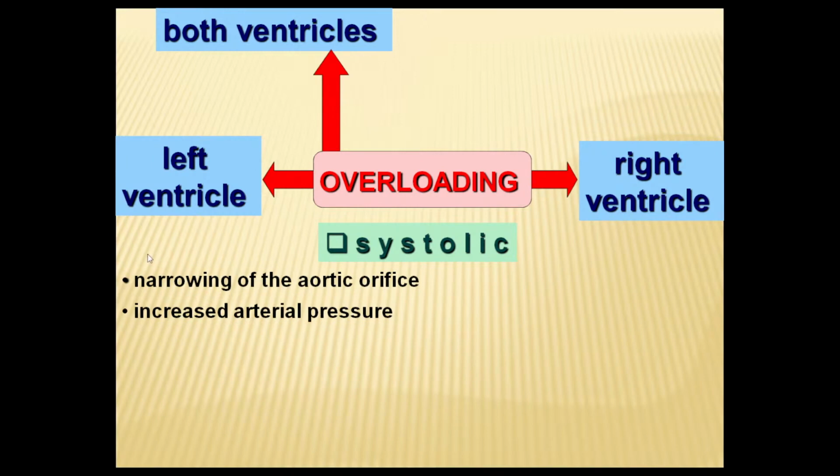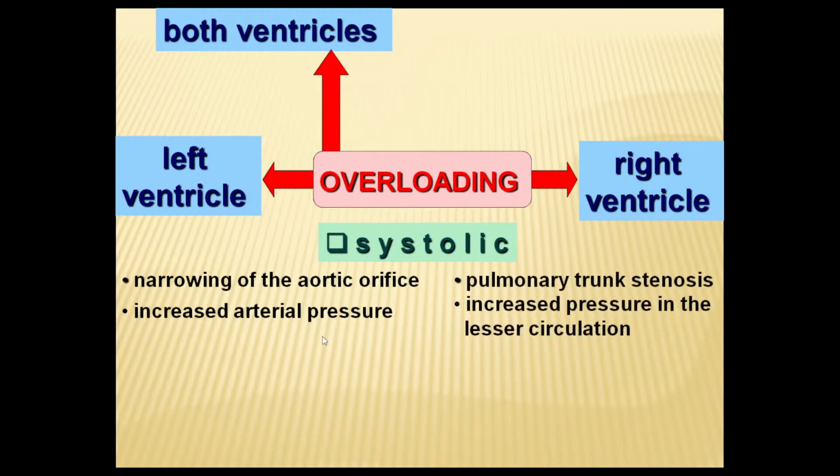If we are talking about left ventricular systolic overloading, we remember narrowing of the aortic orifice, aortic stenosis, or increased pressure in the greater circulation, arterial hypertension. Right ventricular systolic overloading appears due to pulmonary trunk stenosis or increased pressure in the lesser circulation.